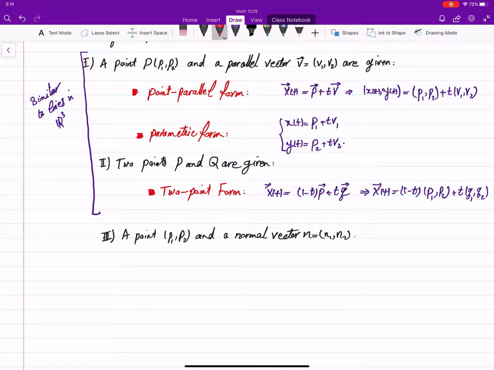These were the options that we had for planes in R3.